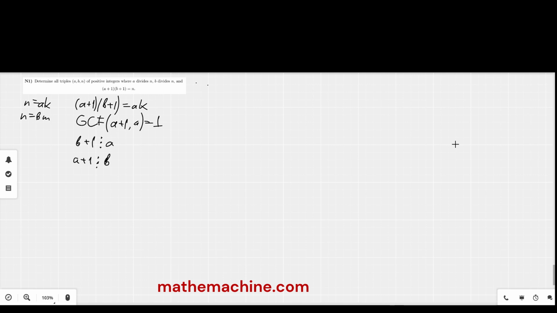So what does it mean? If B plus 1 is divisible by A, then B plus 1 should definitely not be smaller than A. Actually, B plus 1 is greater or equal than A, and similarly A plus 1 is greater or equal than B. So these two inequalities simultaneously tell us that A and B should not really be that different.